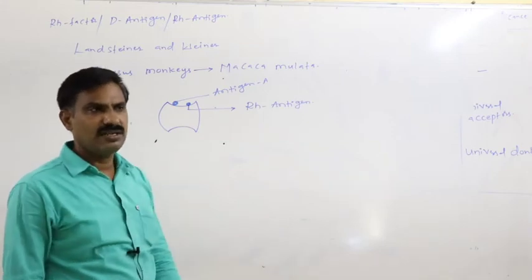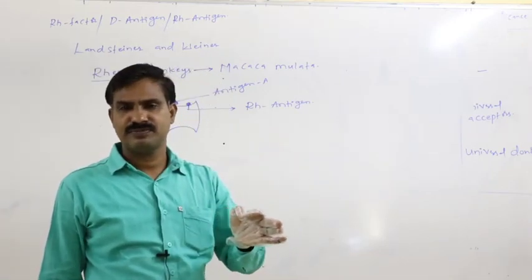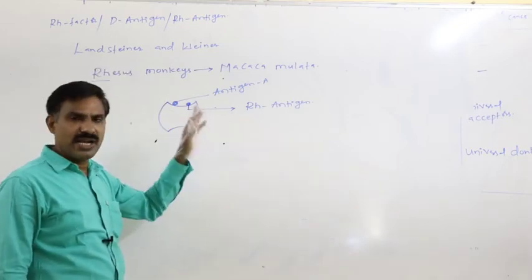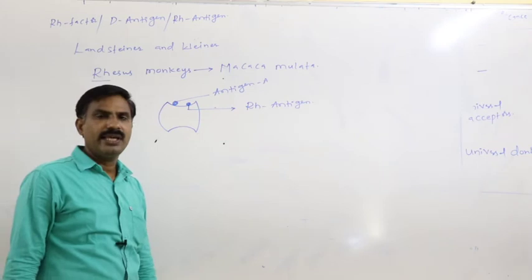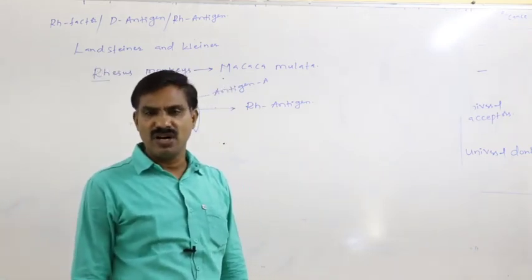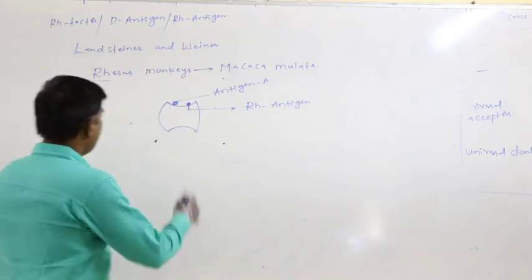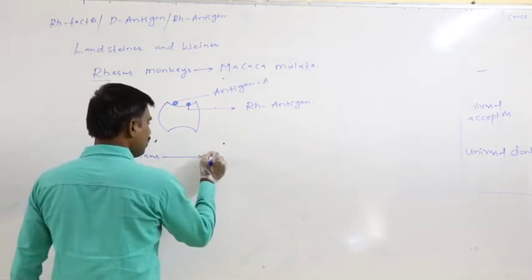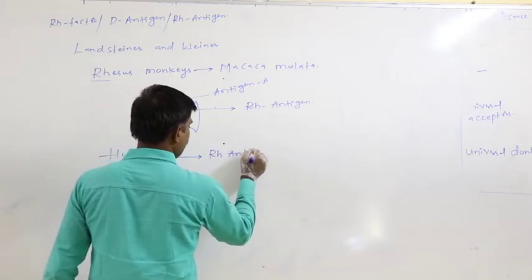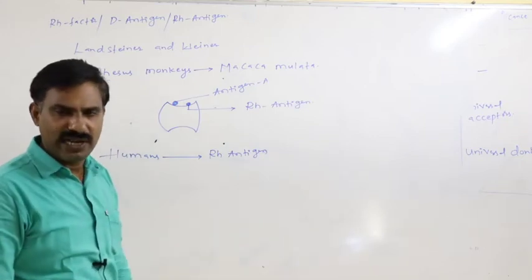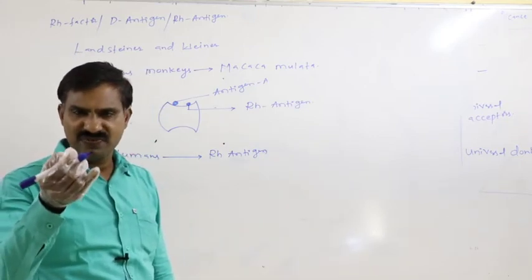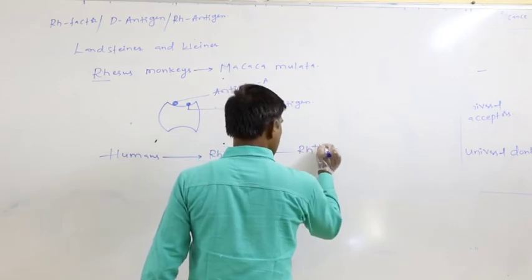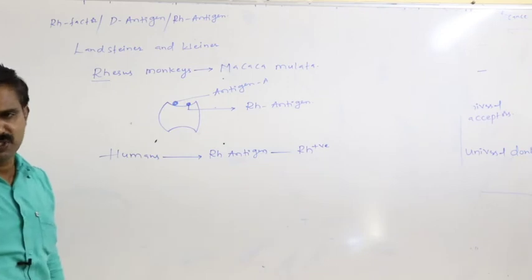This Rh antigen was later also discovered on the surface membrane of the RBC of humans. So the humans who are with the Rh antigen on the membrane surface of RBC in addition to the normal antigen are said to be Rh positive persons.